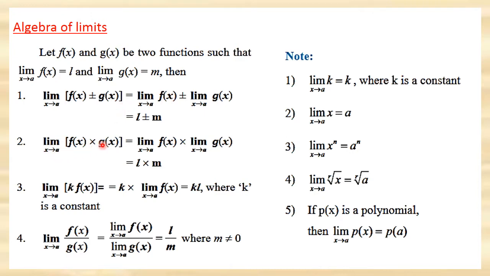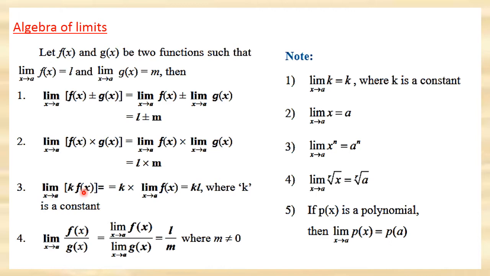Then multiplication also works the same way. If the function is the product of two different functions, then we apply the limit separately for each function and then find the value of the limit by multiplying the limits of f of x and g of x.